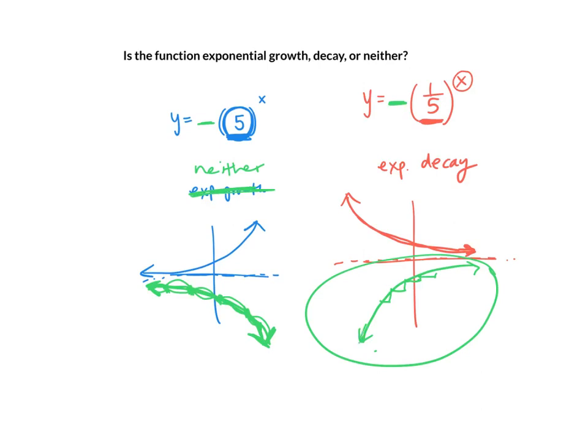That's not happening, because notice right here, it's growing faster and faster, and right here, it slows down. So it's not a constant percent. So again, if you have a negative out here, whether it's a -1 or like a -3, or a -1/3, because it's a reflection, it is going to be neither.